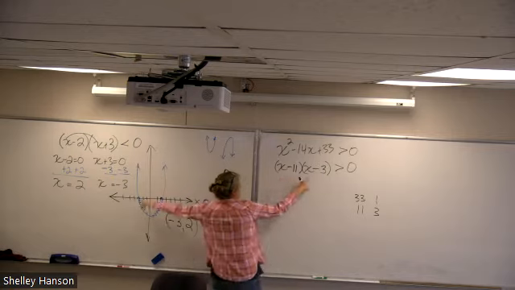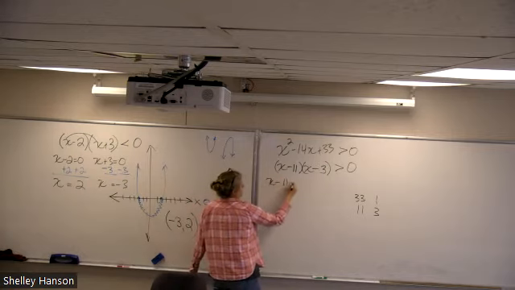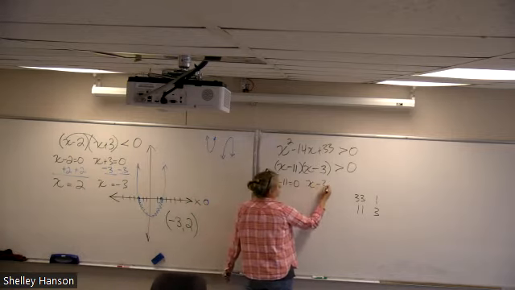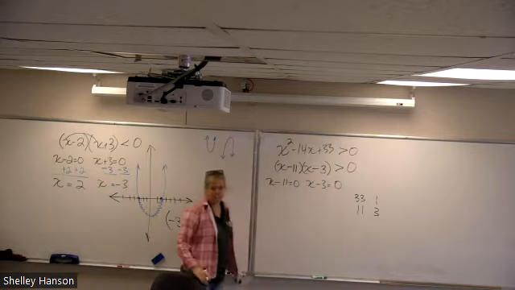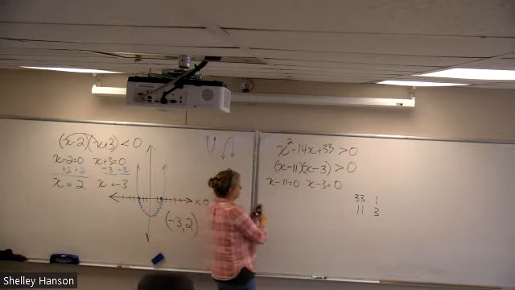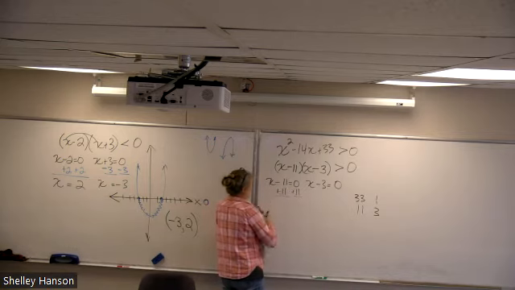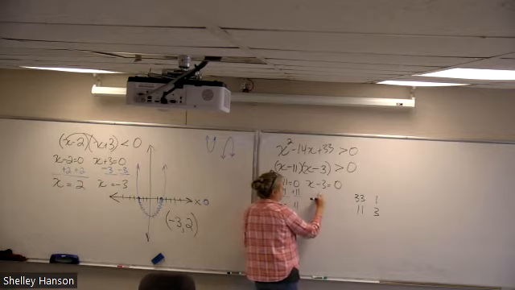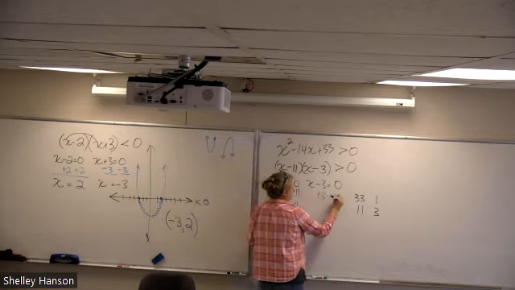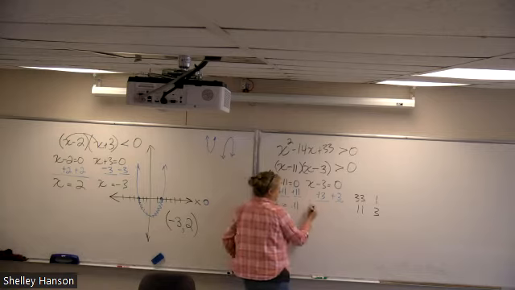And then now it's like this one, you'll just set these equal to 0 to find your x-intercepts. So add 11 here. So x equals 11, and here add the 3. So x equals 3.